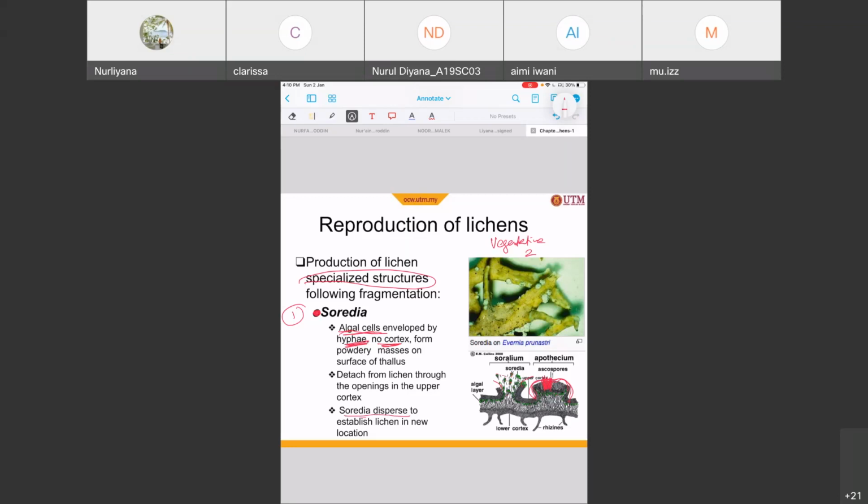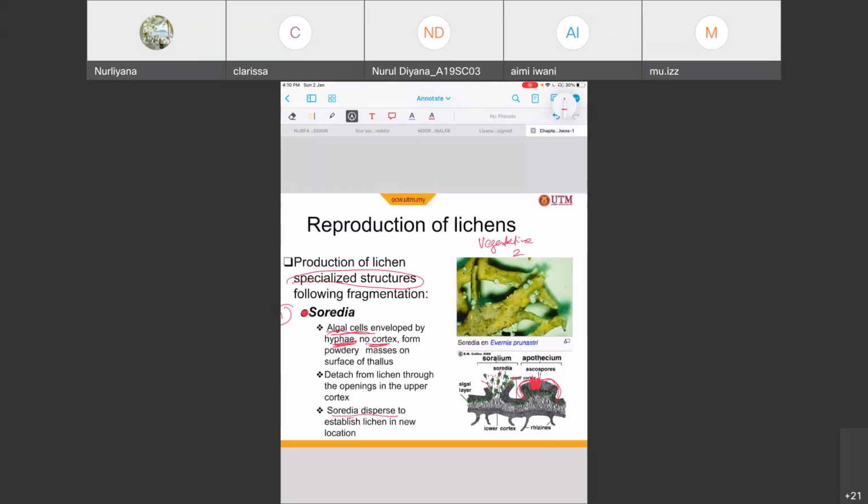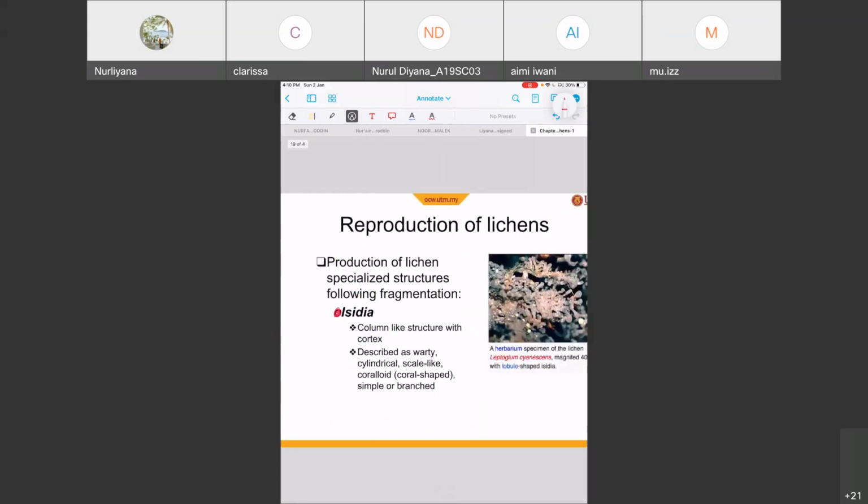The other specialized structure for lichen reproduction is the isidia. This is a column-like structure, like a column. With the cortex, they are described as warty, cylindrical, scale-like, simple, or branched.